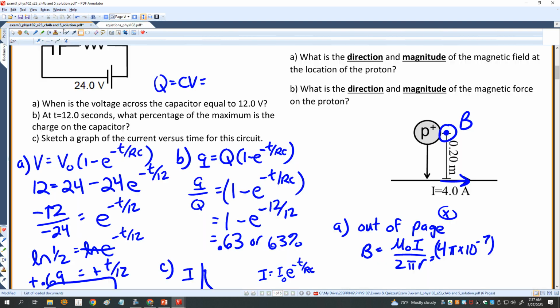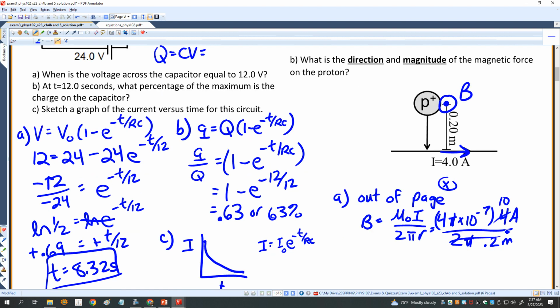And then I gave you in the problem 4 amps divided by 2 pi times r, which is 0.2 meters. Meters cancels there. 2 times 0.2 is 0.4. So that cancels with this and leaves a 10.